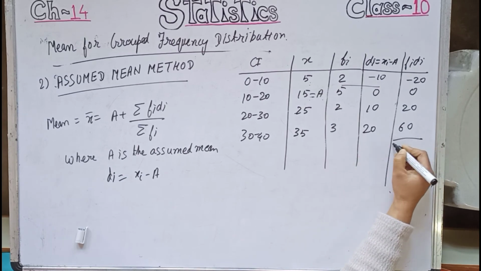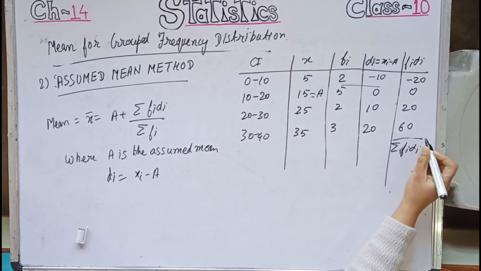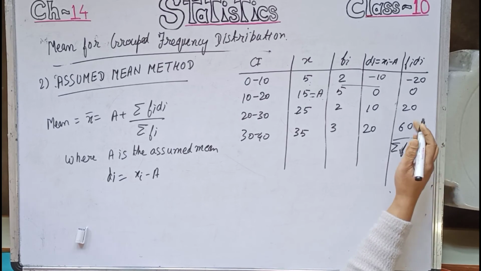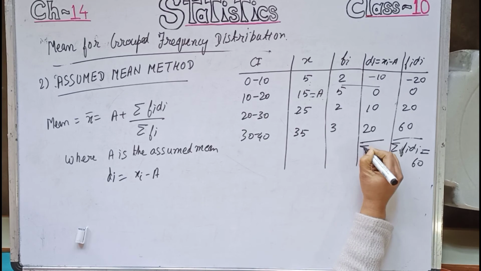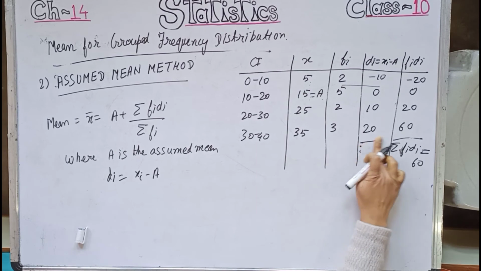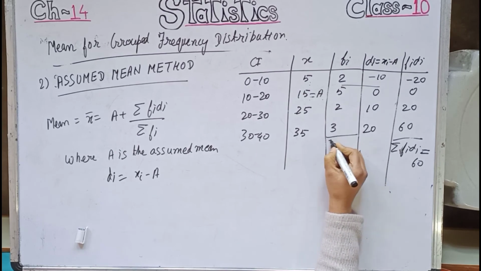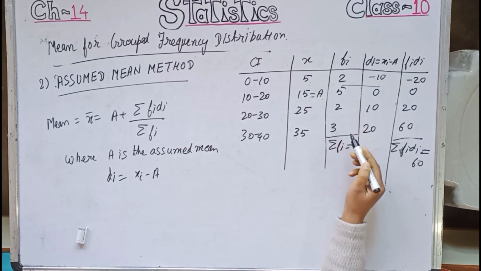So again I am coming back over here. This is 60. So summation fi into di, sum of all this will be equal to 60, and summation fi, sorry, summation fi is here, equals to 12.